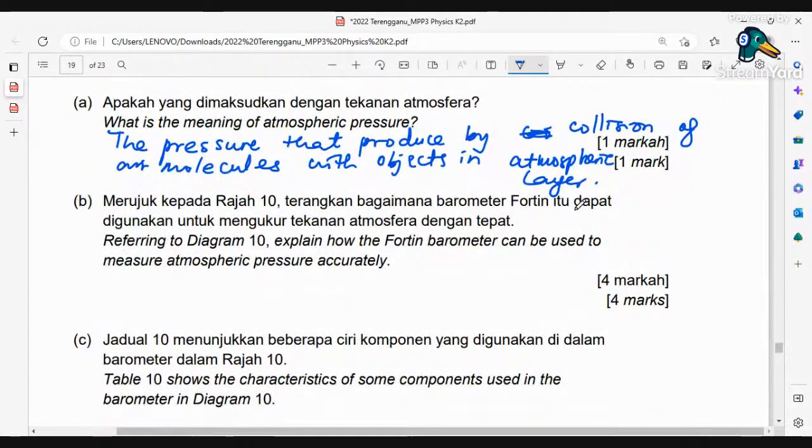Okay, B, referring to diagram 10, explain how the Fortin barometer can be used to measure atmospheric pressure accurately.